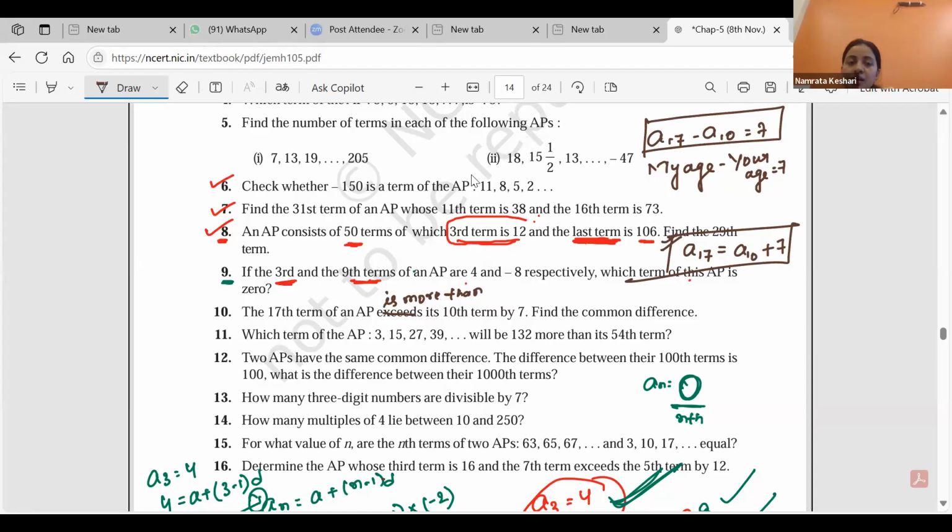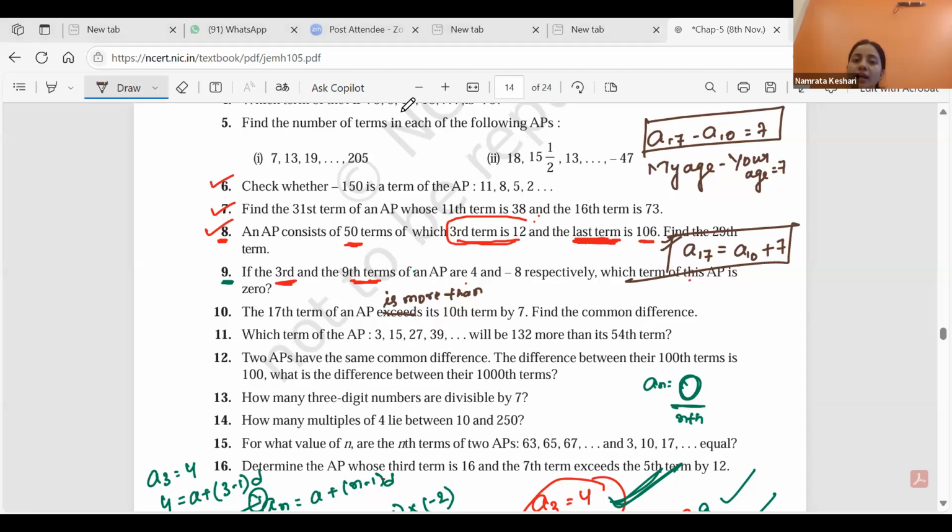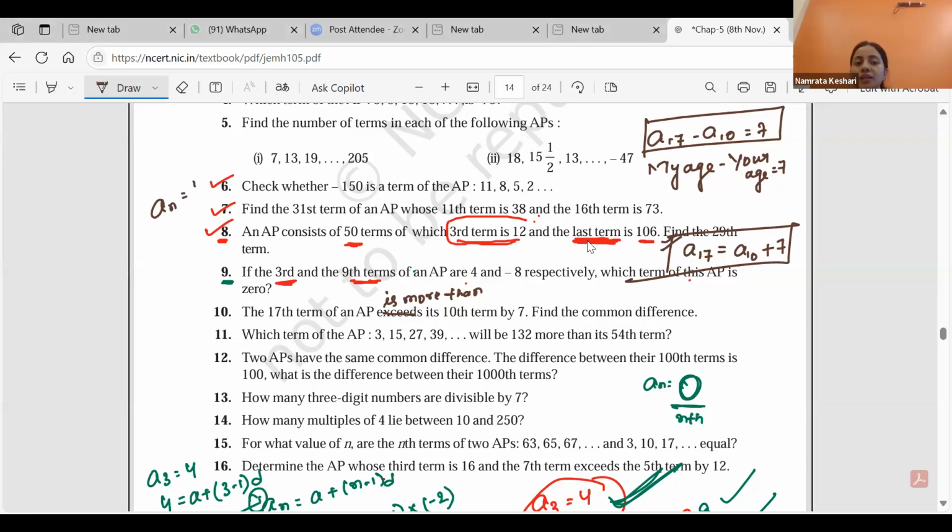Yes. Now A17 means what? The moment you are writing A17, are you understanding? A17 means we can use the formula. We don't know A, we don't know D, but we can write the nth term formula there at least at the place of n. Okay, Inan, you got the answer as well. So the nth term formula we can write is a plus n minus 1 into d.